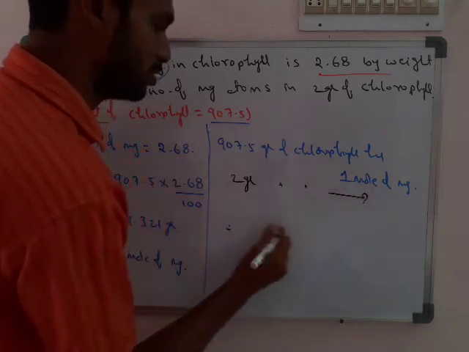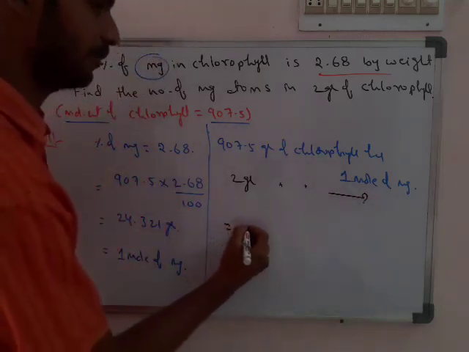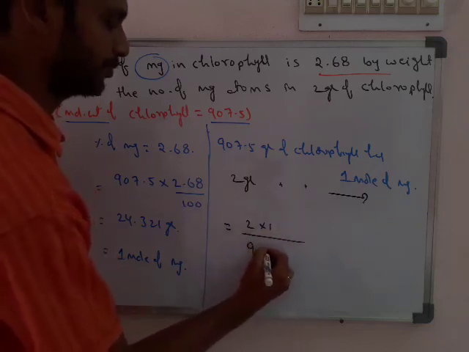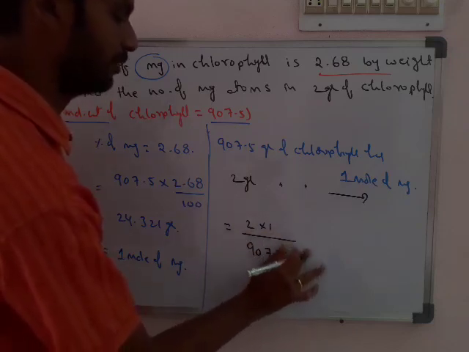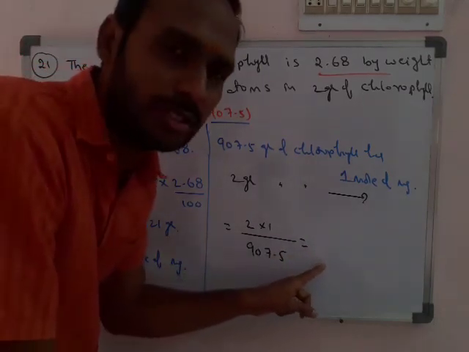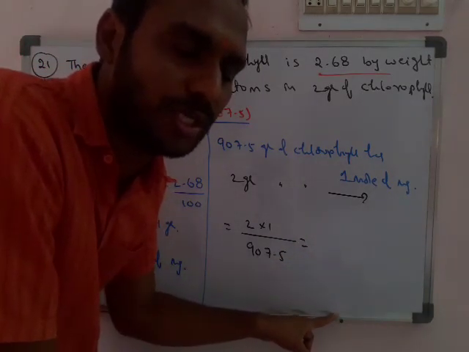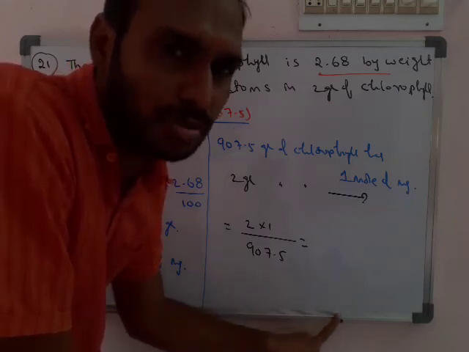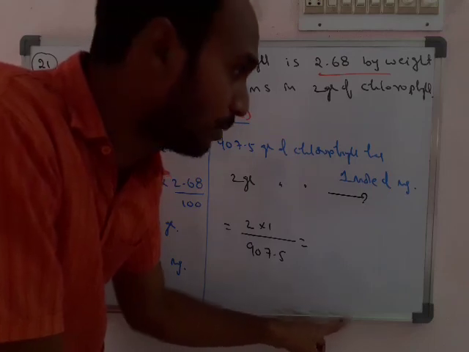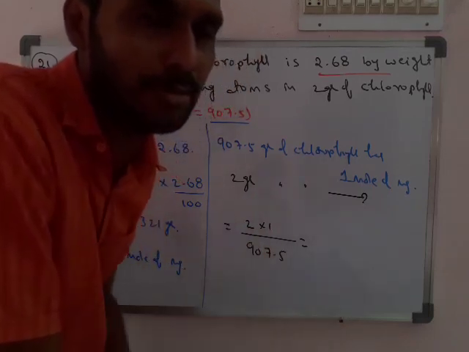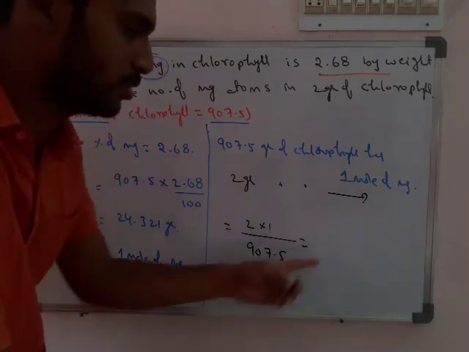Let us convert moles into a normal number. So that will be 1 by 907.5, so here we get the answer. Here the direct answer is the number of moles, and we have to convert it into number of atoms. So divide by 6.022 into 10 power 23 basis, you have to find the exact number of atoms. Okay, let's do that calculation.